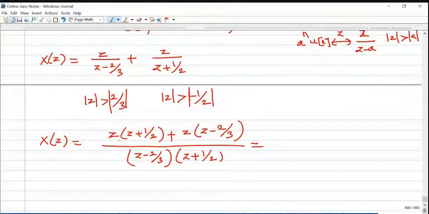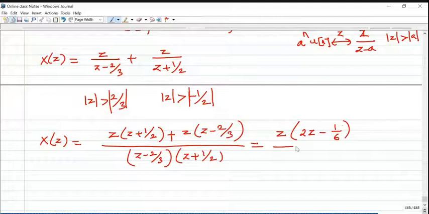But the numerator you have to simplify: z squared plus 1/2 z plus z squared minus 2/3 z, and then take z common, you will get z(2z minus 1/6). Reduce the numerator.